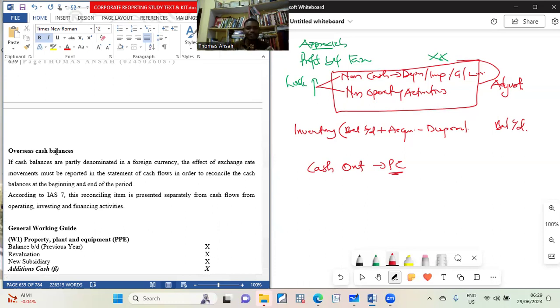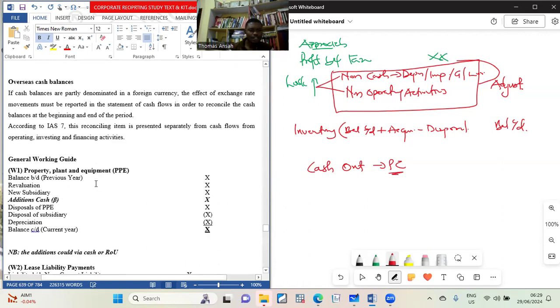Any exchange gain or loss arising from that effect will be treated as part of your non-cash items. So you have to take note of all these things.